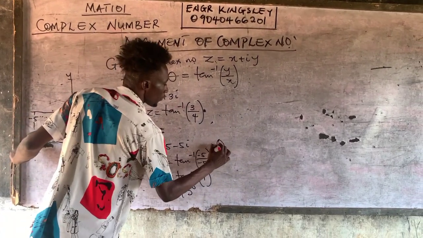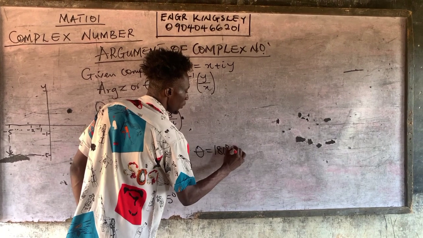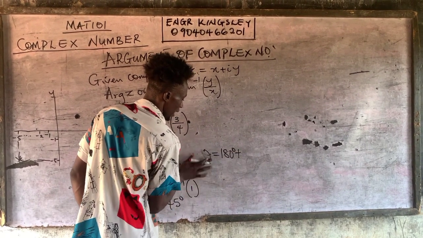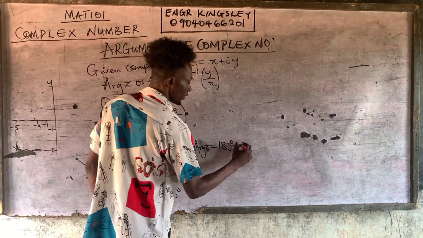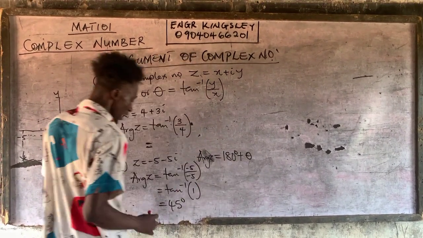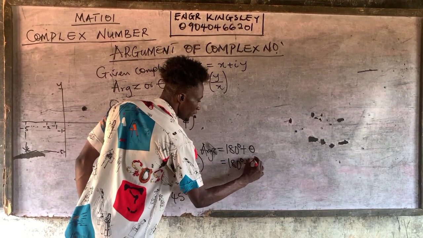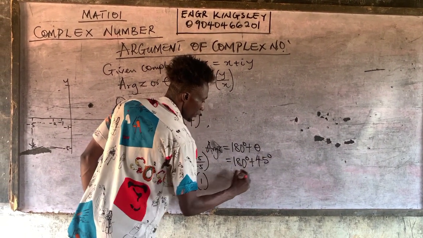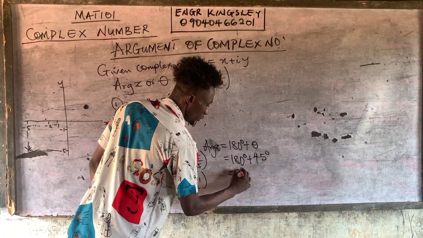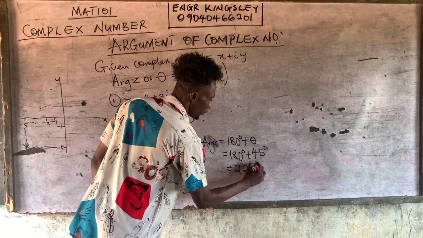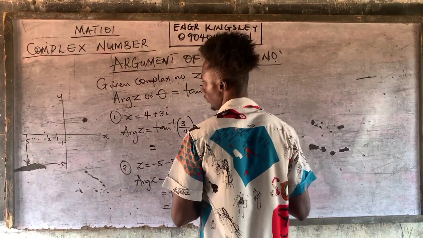The formula for calculating the argument z in the third quadrant is 180 degrees plus theta, where I have my theta to be 45 degrees. I'll have 180 degrees plus 45 degrees here. That is my final answer for the argument z, which is 225 degrees.